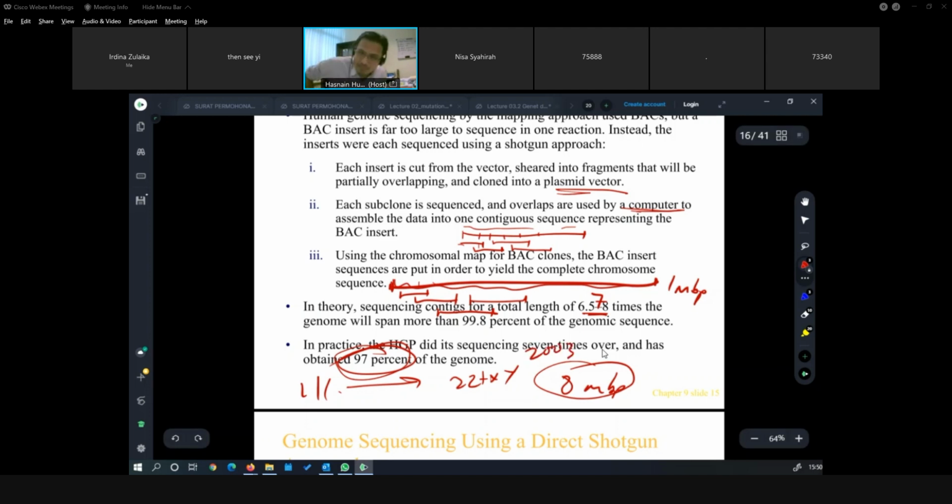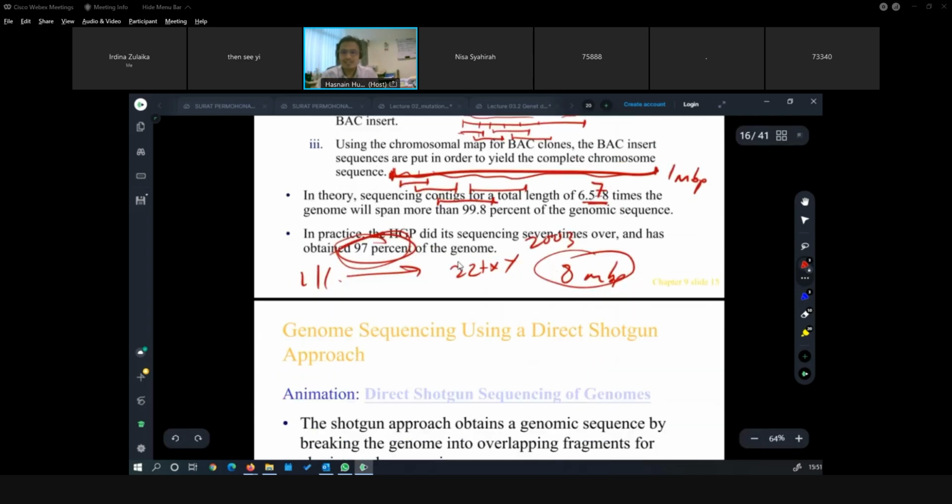That was almost the same time I completed my PhD, the year earlier. If we estimate the genome size at 3 billion base pairs, the actual amount of sequencing they did was 3 times 7, 21 billion base pairs, to make sure that all overlaps are covered. Okay, so that is how it is done.